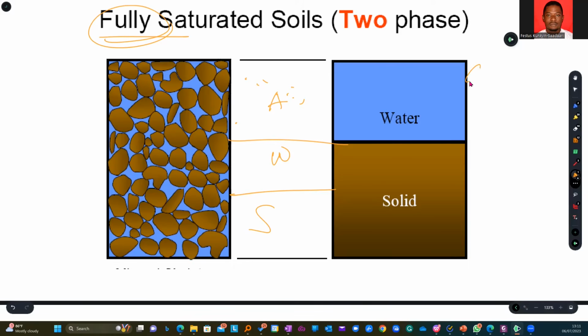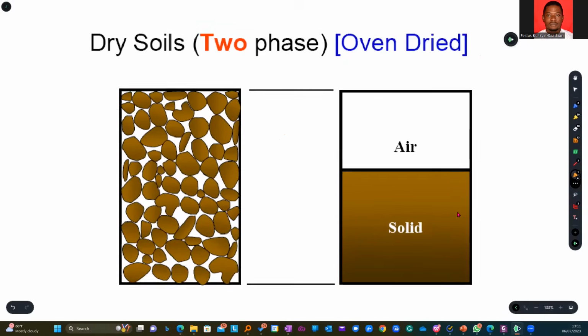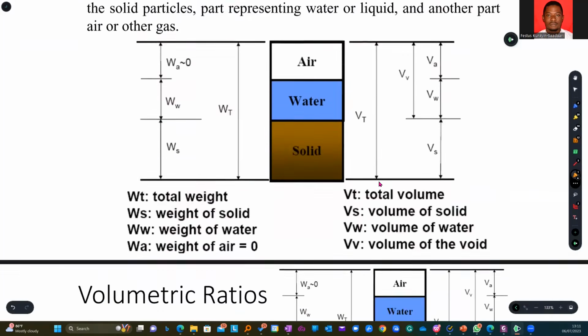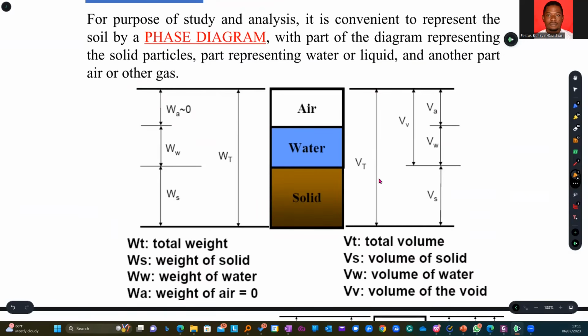Then again, you can dry the sample thoroughly such that all water content is lost. You have a two-phase system again, but now it is just air and solid. So this is the phase diagram.